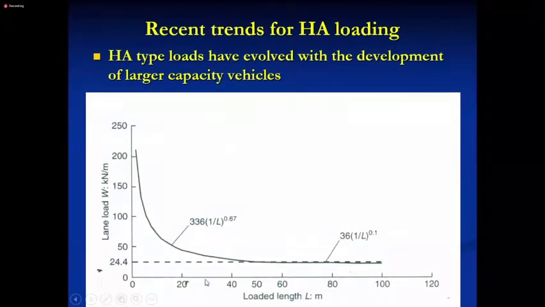Rather than a flat value somewhere here at 30, now the latest 2006 loading is much more severe. And this 2006 loading is even more severe than the Euro loads of today, very severe loading. But now they are using Euro loads. So we'll not worry too much about this curve because this is a very high loading.